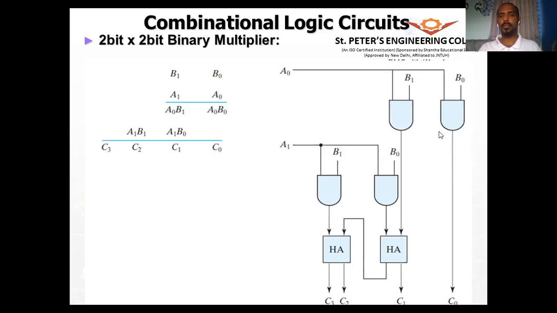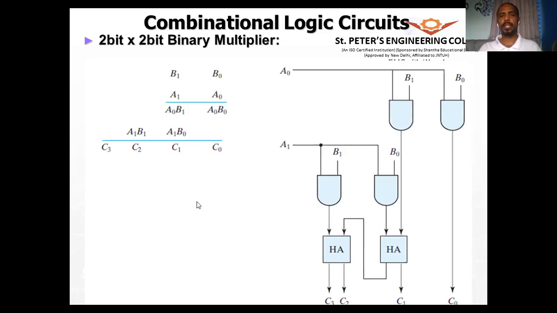I require 4 AND gates because I get 4 product terms. So I require 4 AND gates, and I require 2 half adders. Okay, so I require 2 adder circuits and 4 product, I mean the AND gates.